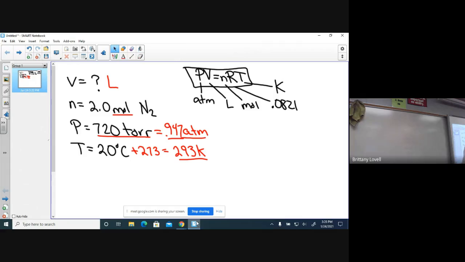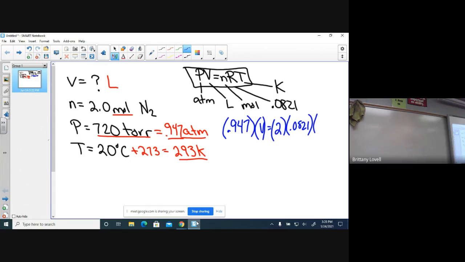So now we just go back and plug and chug. We're going to plug in our pressure, which we know is 0.947 atmospheres. So that's in the right unit. We're looking for volume. And we know the moles is 2. We know our constant, 0.0821. And then, of course, we know the temperature is in Kelvin, 293.